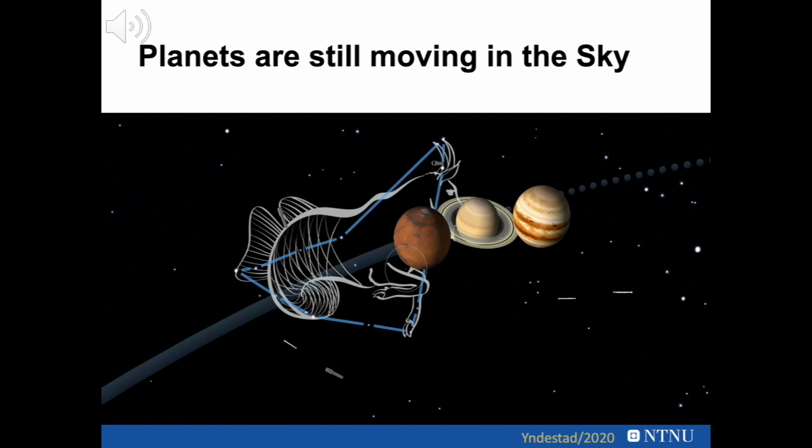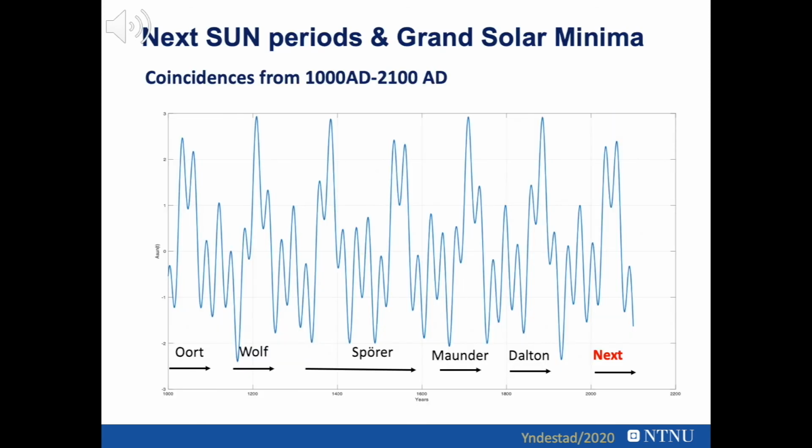The planets continue to move in their orbits, and sooner or later they will have a new perihelion coincidence. The next computed perihelion coincidence is from about 2030 to 2070. This indicates that we may expect a gradually colder climate from about 2030 to a minimum at about 2070.